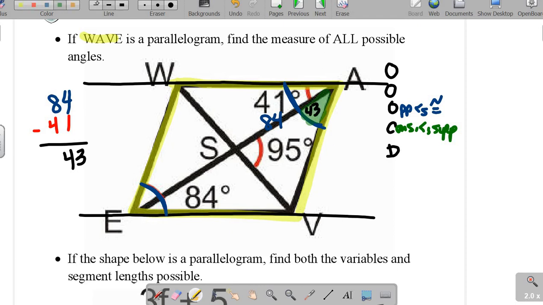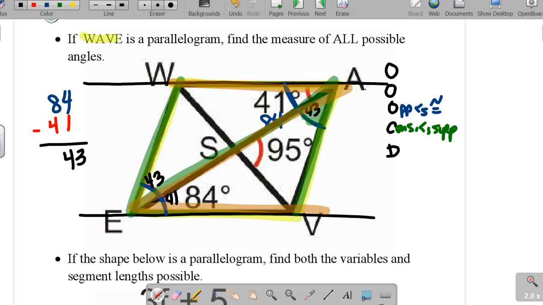Now, because I have parallel lines, I can go armpits of the Z, which means this is 43. And I can also go armpits of the Z this way, which means this is 41.